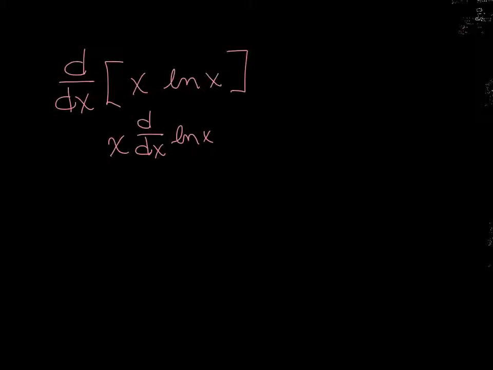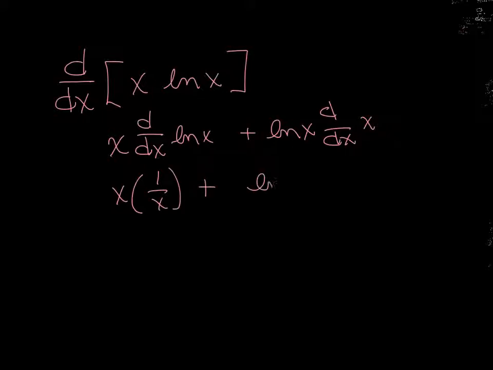The first term times the derivative of the second plus the second term times the derivative of the first. So we're going to have x times, now the derivative of the natural log of x is 1 over x, plus the natural log of x. And the derivative of x is simply 1, so we get 1 plus the natural log of x.